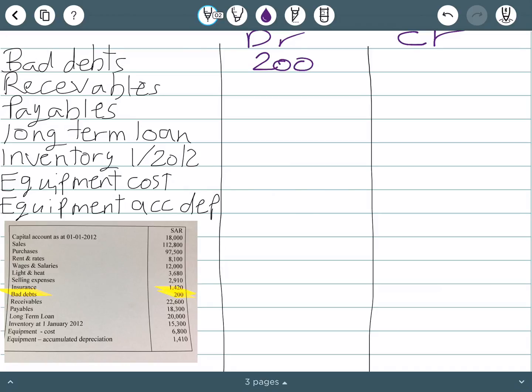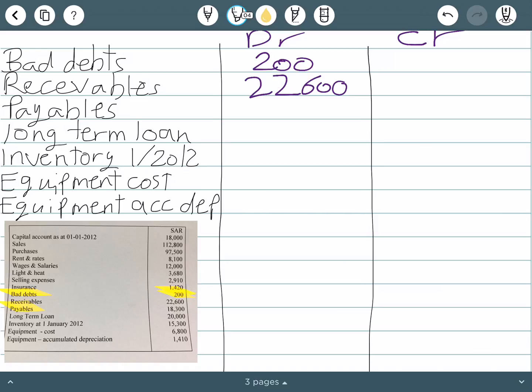Receivables, also a debit. 600. So receivables are debit as well. And then here we have payables.